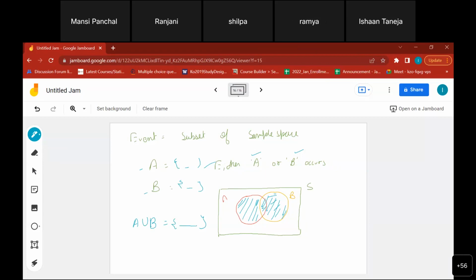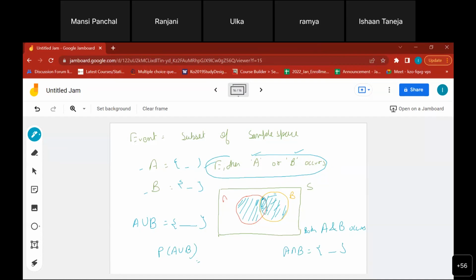So whenever we have to find the probability that either of these events occurs, we find the probability of A union B, right? Is this clear? And when you have to find the probability that both A and B occur, it is A intersection B, because it will have all those common outcomes of A and B, right?